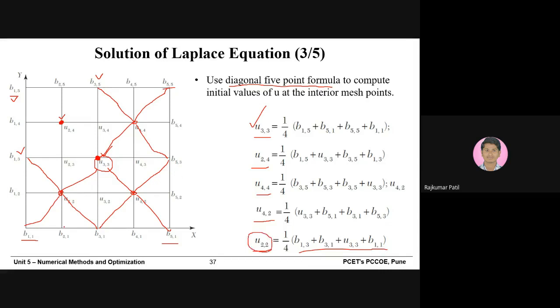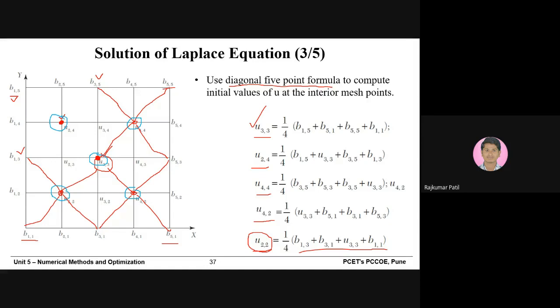And here what we did, we estimated u33, u24, u44, u42 and u22.